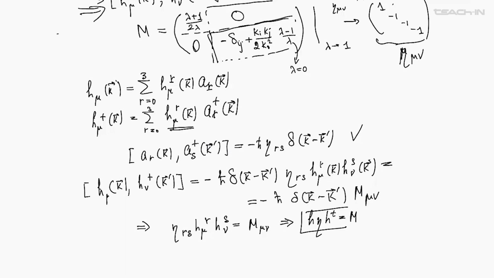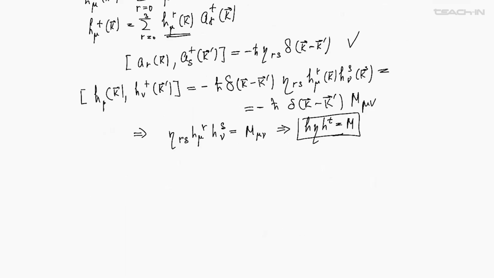This is a condition on H, or an equation to determine H. When you look at this equation, it is already clear that its solution is not unique. You can multiply H from the right by any matrix of Lorentz transformation.